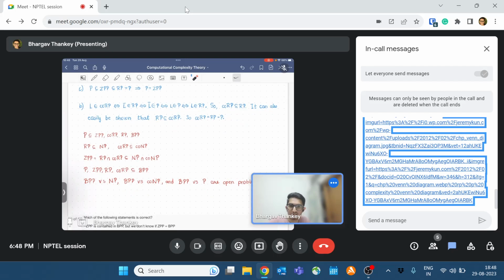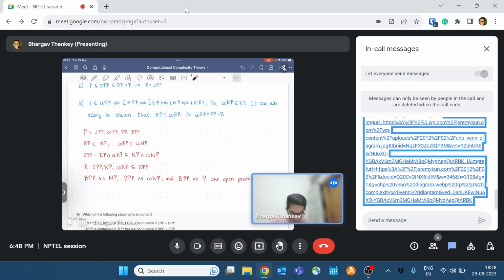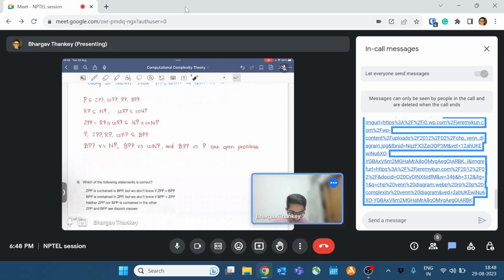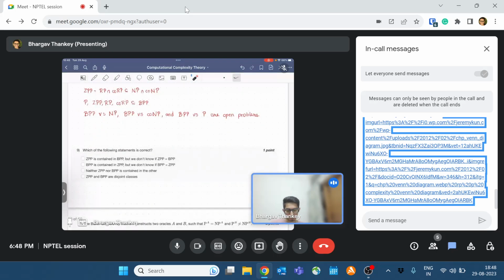Okay, if this is fine, then let's look at the next problem. Which of the following statements is correct? ZPP is contained in BPP, but we don't know if ZPP equals BPP. BPP is contained in ZPP, but we don't know if BPP equals ZPP. Neither of them is contained in the other, and they are disjoint classes.